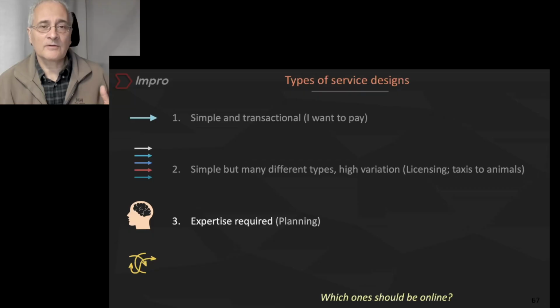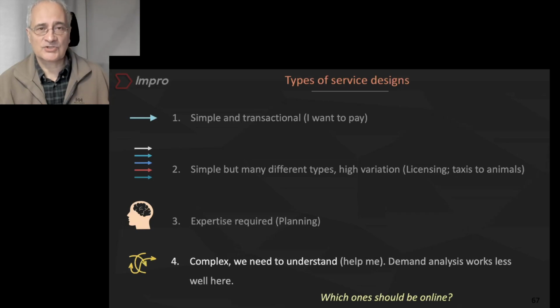And you've got ones that require expertise, like planning in terms of, can I build the house this way, or can I do this to my property? And then you've got the last one, which is the complex, and we need to understand people. And this is kind of like the more help me type of services.